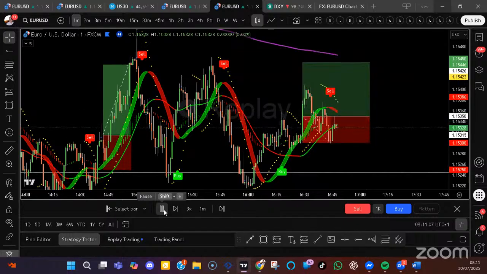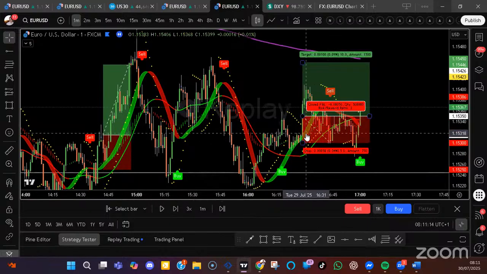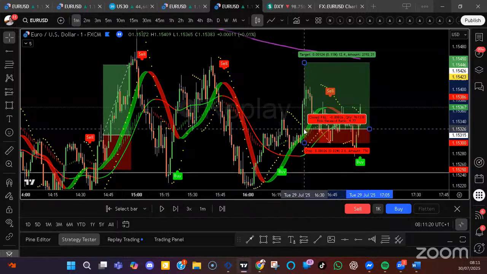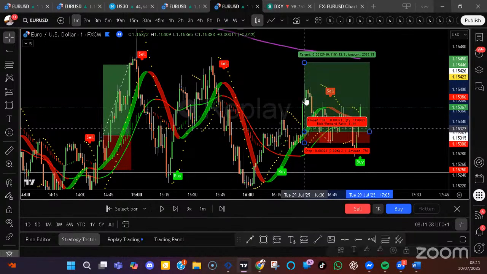Oh, in actual fact, you would have been out. But that is a 5 pip stop loss. Like I say, it was all about activating on this and being ready with your finger on the button at 2.2 pips minimum.